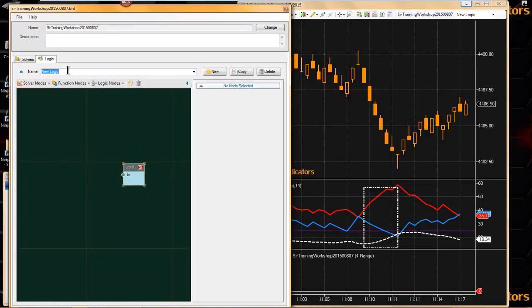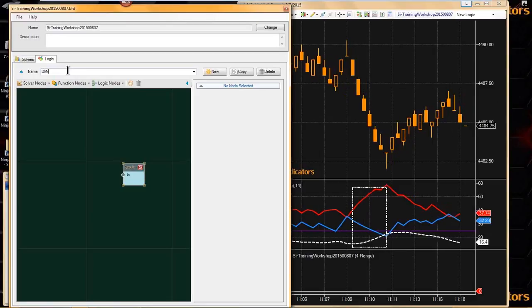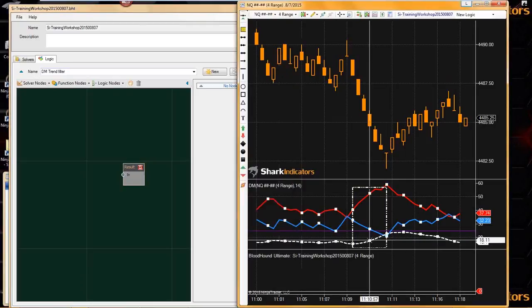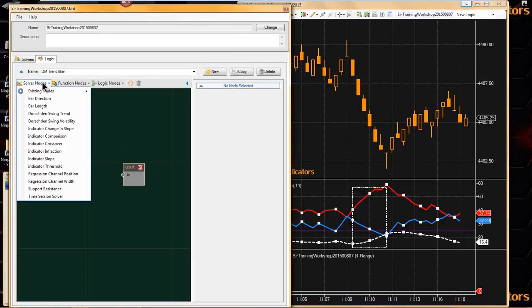All right, so we're going to build a DM trend filter here. First thing I'll put together is the ADX, because we already have that built. I can just rebuild that from the existing solvers.